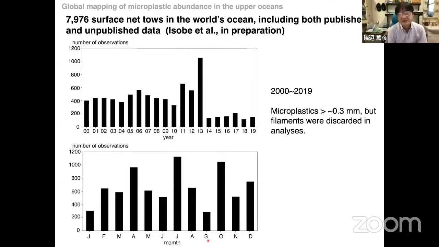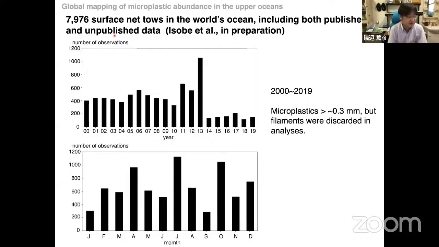So we pick up the recent observations of microplastic over the world ocean in these 20 years, from 2000 to 2019. In total, about 3,000 surface net tows in the world ocean were found. This study includes both published and unpublished data.